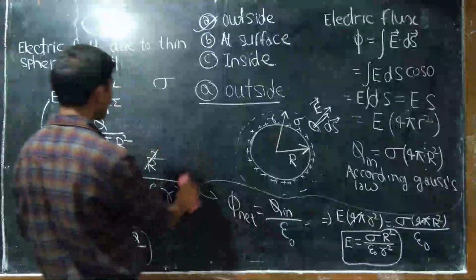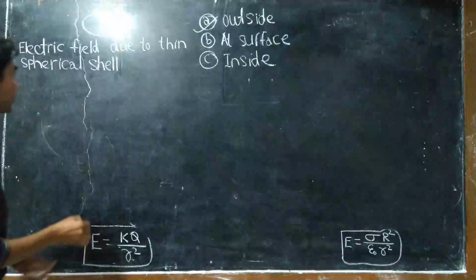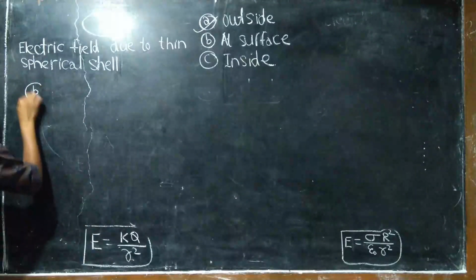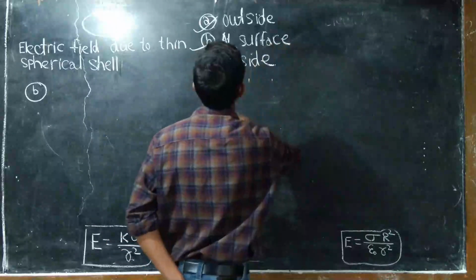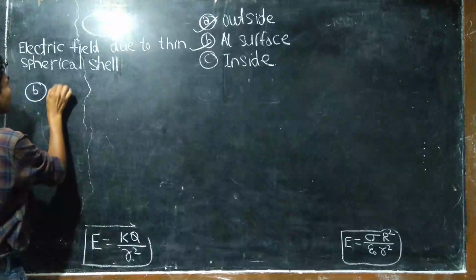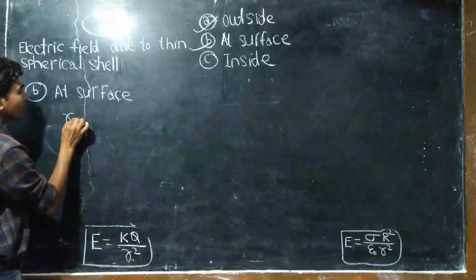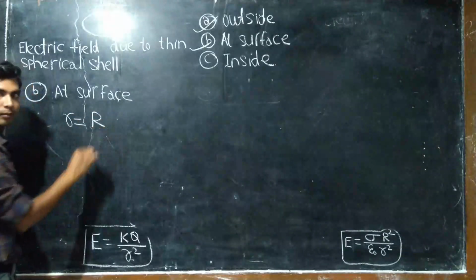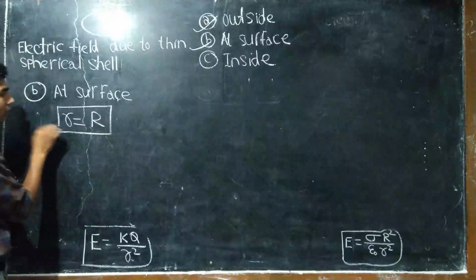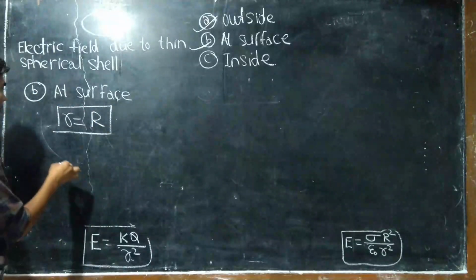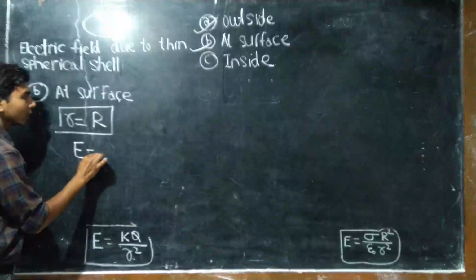Next I am going to find the electric field at the surface, right? So the second one is B. In B we are going to find it at the surface. At the surface, small r is equal to capital R, yes or no, right? So what will be the formula?